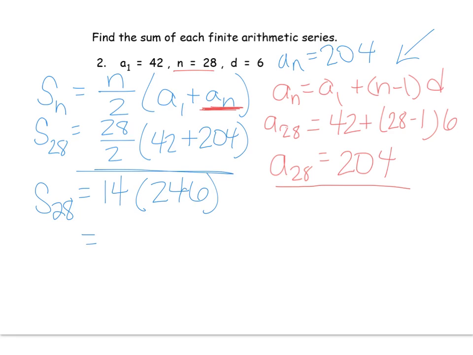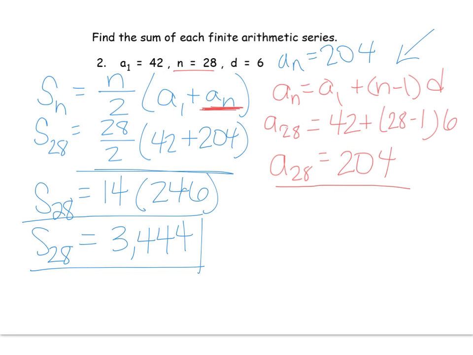And then we just multiply 246 and 14, which is 3,444. So the sum of those 28 terms, where the first term was 42, and the last term was 204, and we're adding up 28 terms, the sum of those 28 numbers is 3,444.